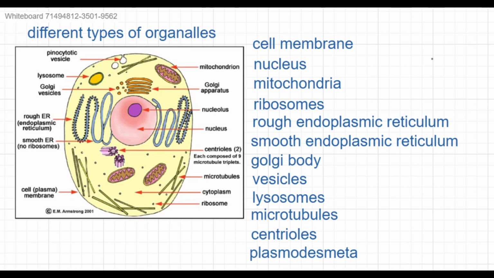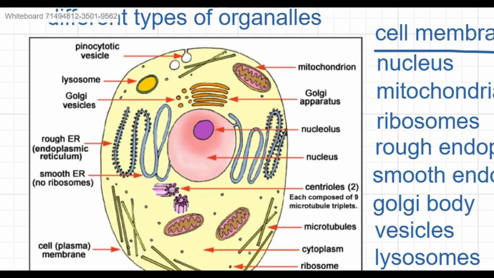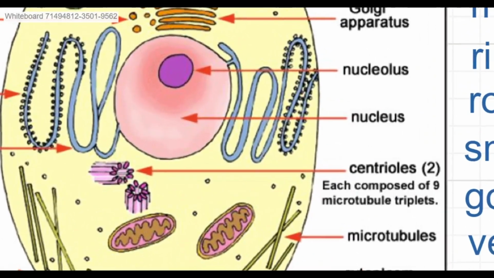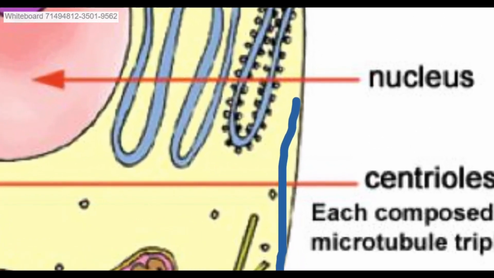So the first thing that you need to know about the animal cell is the cell membrane, and the cell membrane is this lining. This lining is known as the cell membrane, and basically what it does is that it allows the movement of things.